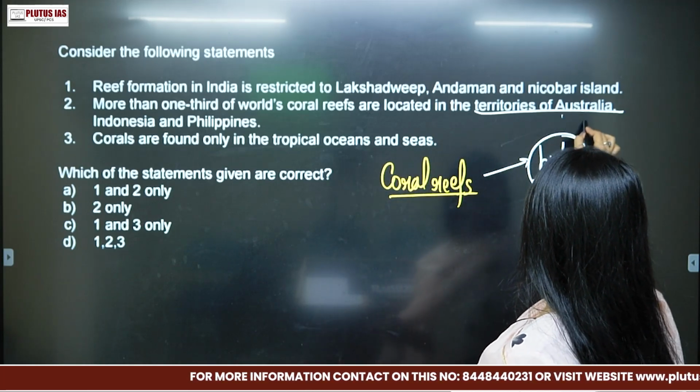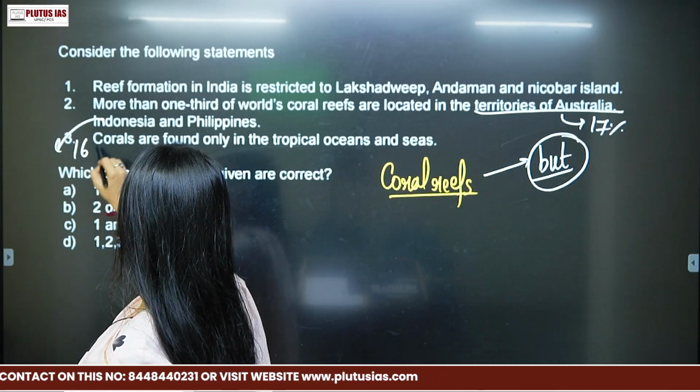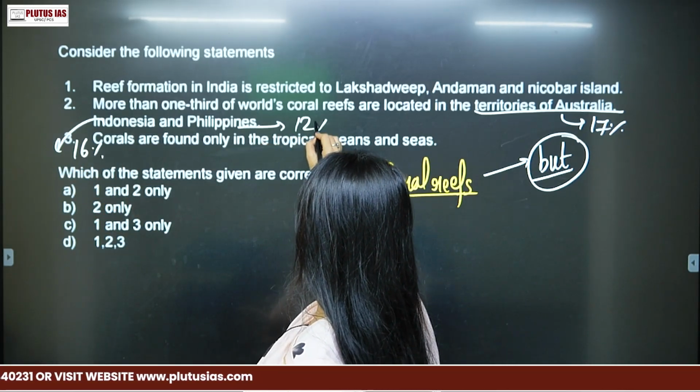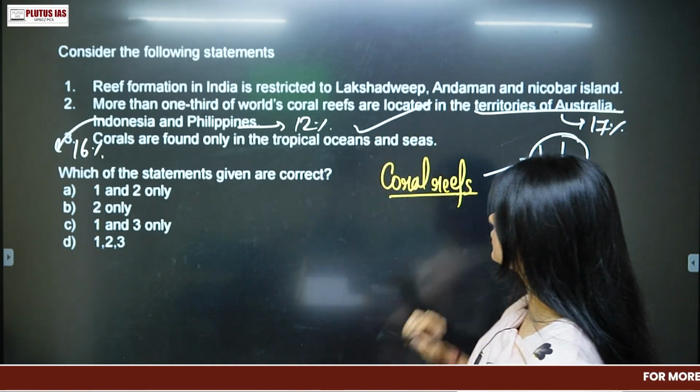In Australia it is 17%, in Indonesia 16% and the Philippines 12%. If you calculate it, it will be more than 1/3, right? So this statement is also correct.